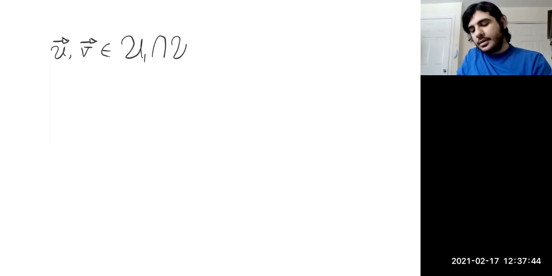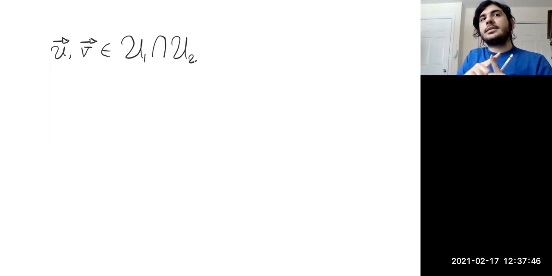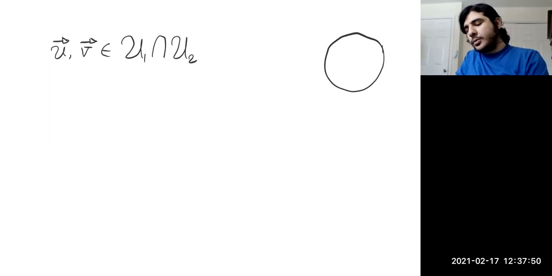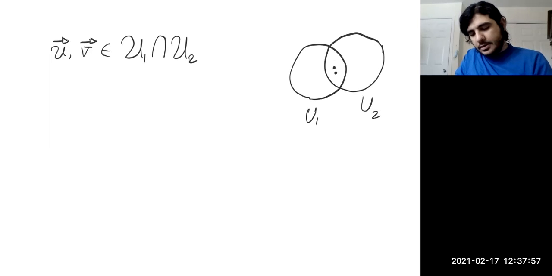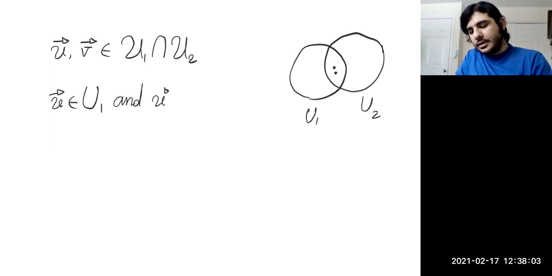So because u and v, the way the argument goes is that because they are in the intersection of these two spaces, it means they are in both of them, right? When we have two elements in the intersection of two sets, it means they are both in U1 and U2. So the small u would be in U1, and at the same time, this element is in U2. Same thing holds for the vector v.